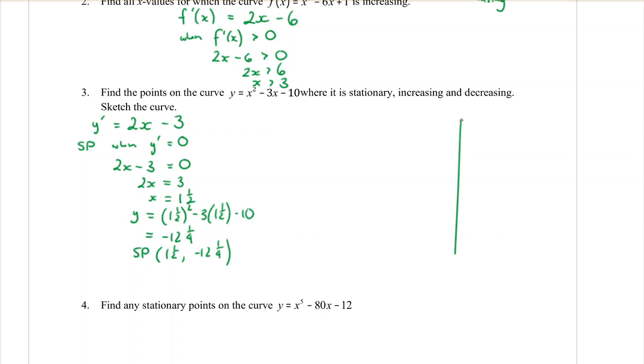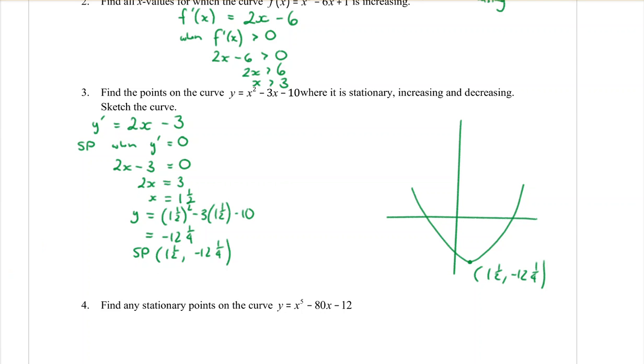I'll draw it over here so you can see it. 1.5, I'm going to put it there, not to scale. If this is 1.5, negative 12.25, and I know this is a concave up parabola, anything to the left of this point is coming down. It is decreasing.